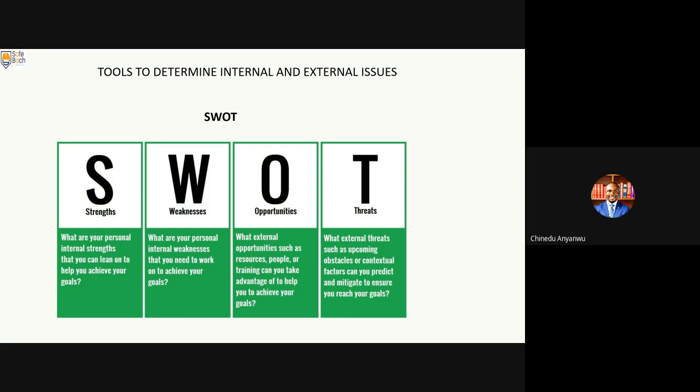Are there people, resources, trainings that we can bring into the business to improve our business? Then you ask yourself questions like, what are our threats? What are those things that can create an obstacle that can change drastically and affect how we do things? Now, for us, we know that sometimes regulations can change and it can drastically affect a particular business in one way or the other.